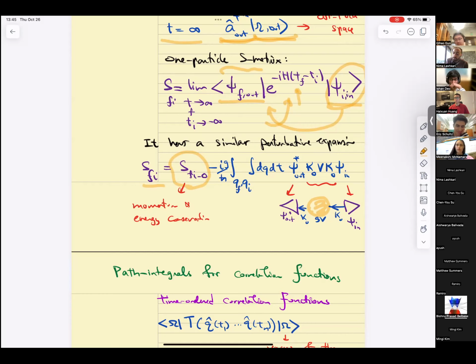So the free theory, if you just plug it in, you're going to get momentum and energy conservation, because then the in and out Hilbert space are just related by simple phases. Every excitation is evolving in time, every a and a dagger. So if you recall, a of t was e to the power of i omega t a of 0 in canonical quantization. So that's all that there is in the free case.